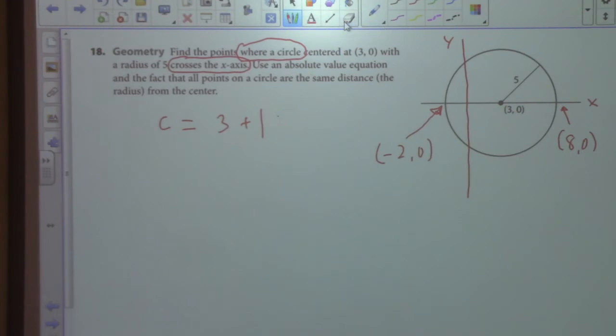I should have said that, because you're moving 5 to the right. Like that? Yeah. Okay. And then, with the center be 5.